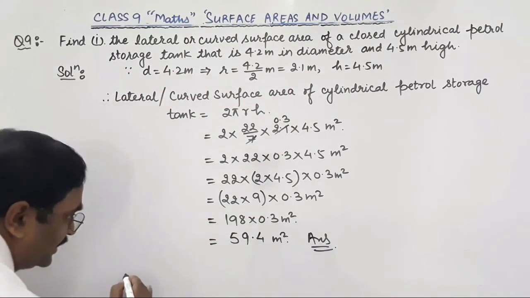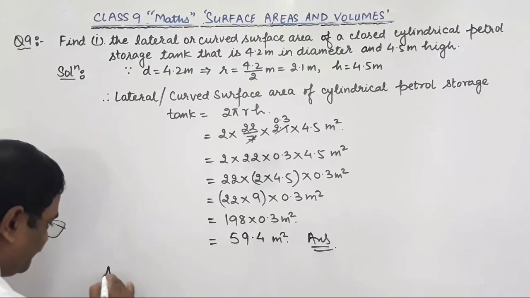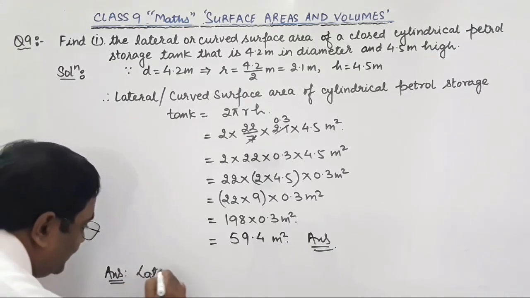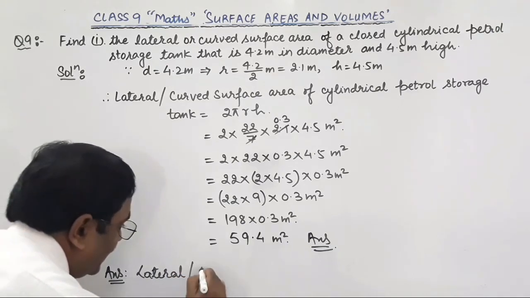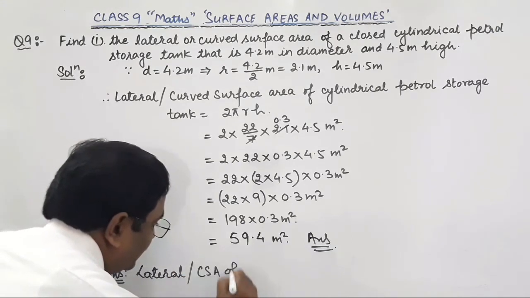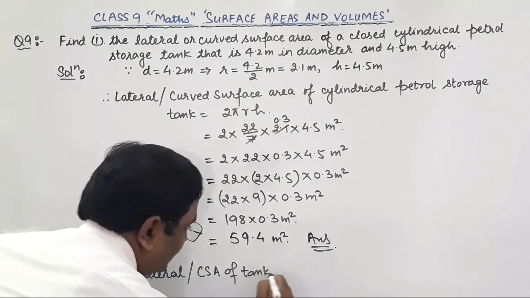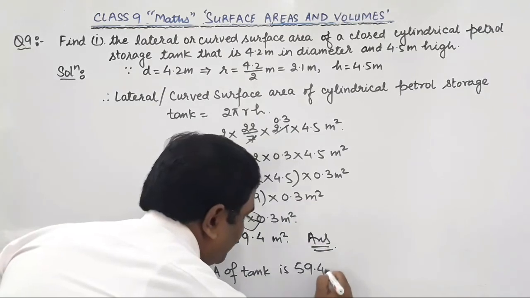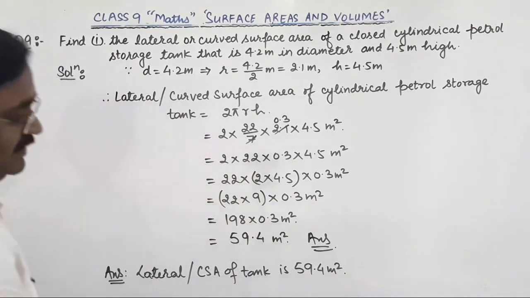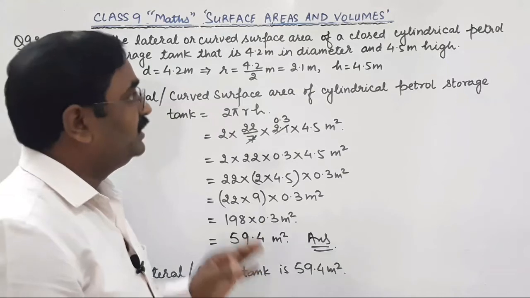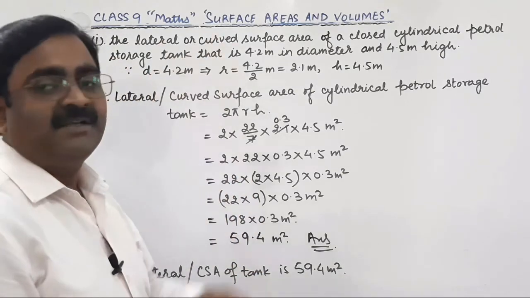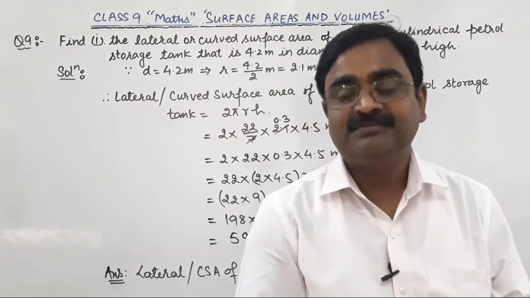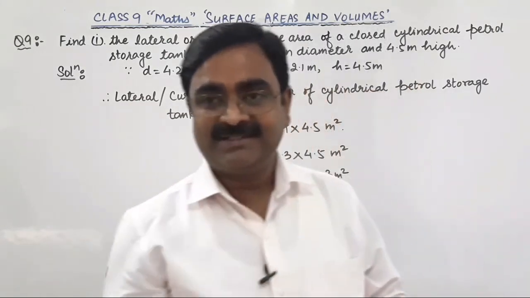So write your answer also. Therefore lateral or curved surface area of the tank is 59.4 meter square. Right friends? So regarding the meaning of lateral and curved, actually lateral surface area is used for the cuboid and cube, that is the area of walls.